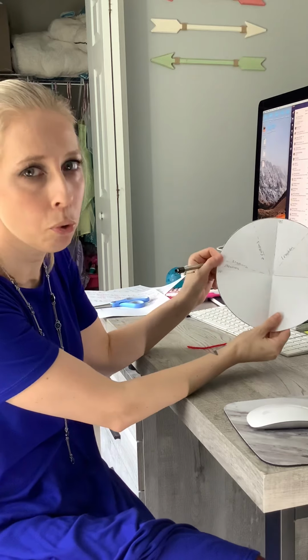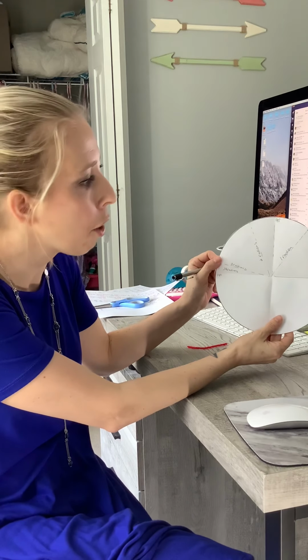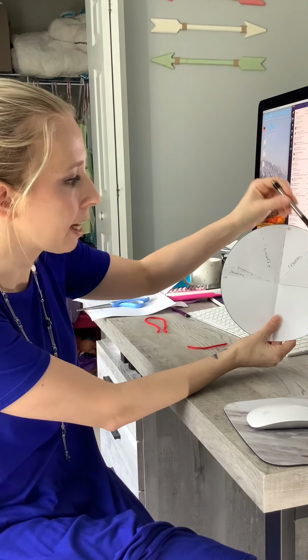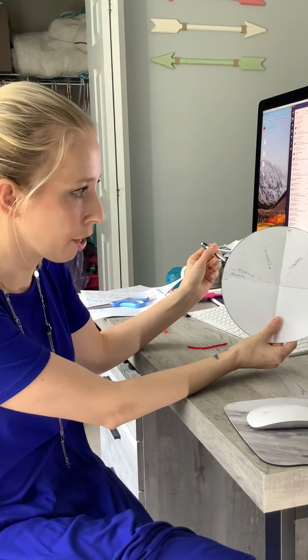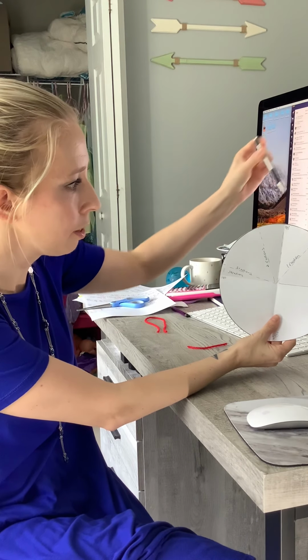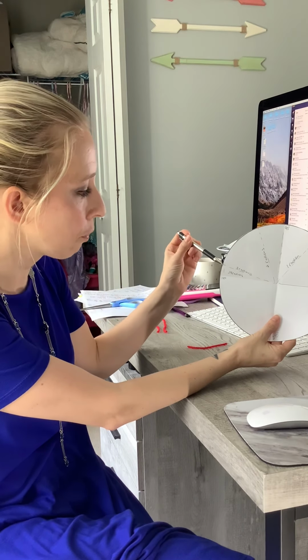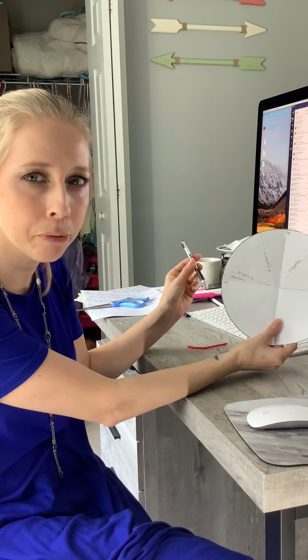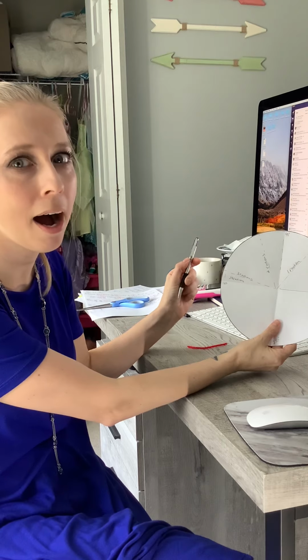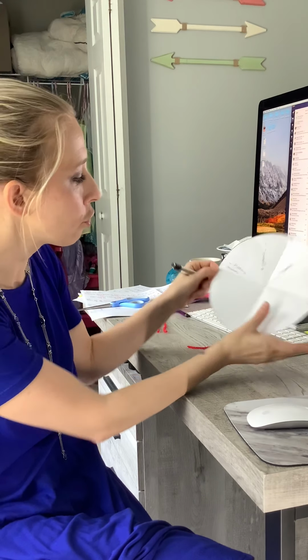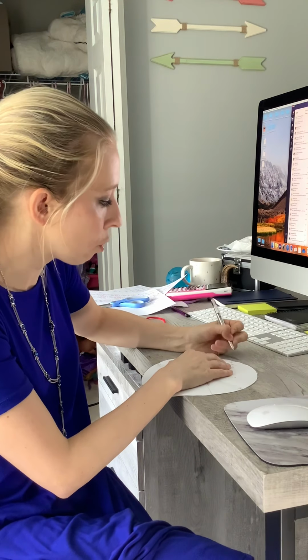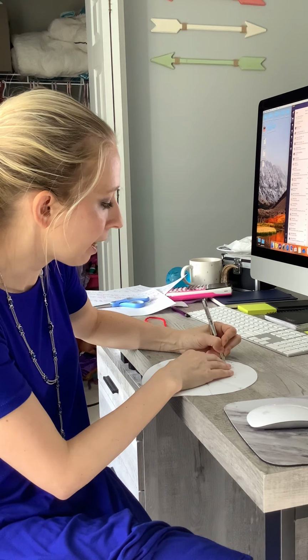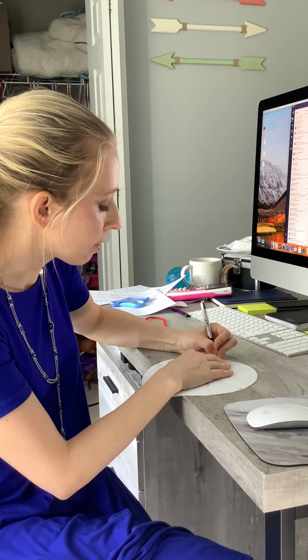So the question is, how many radians are there to 180 degrees? 1, 2, 3.14. Well, what is that number, 3.14? Pi. So 180 degrees is also pi radians.